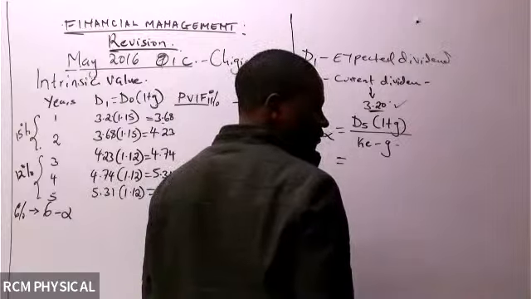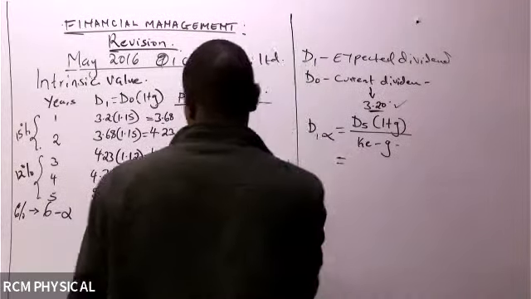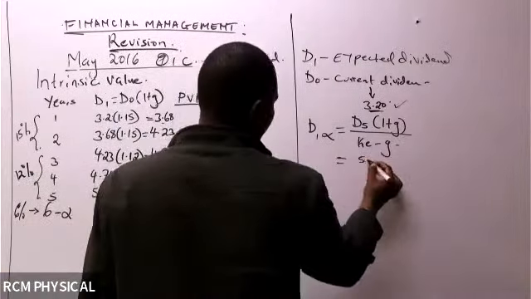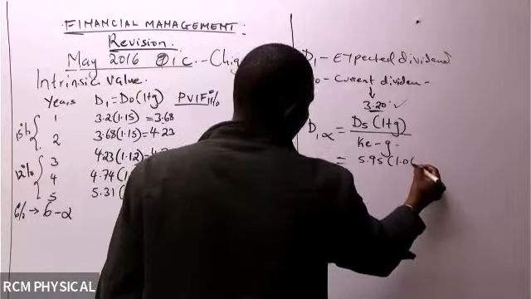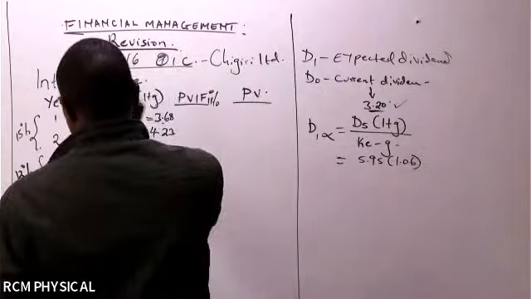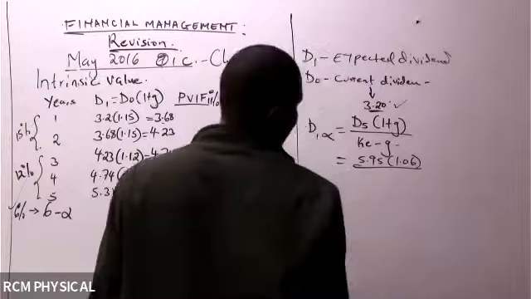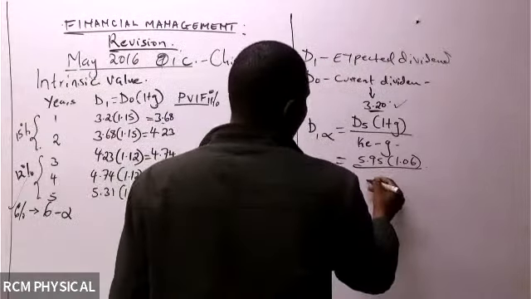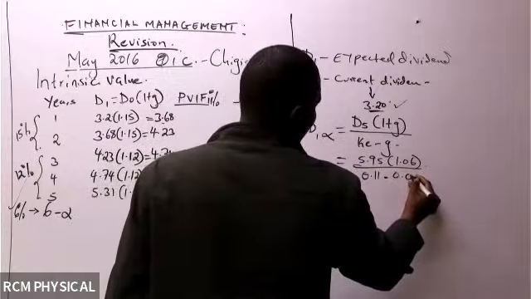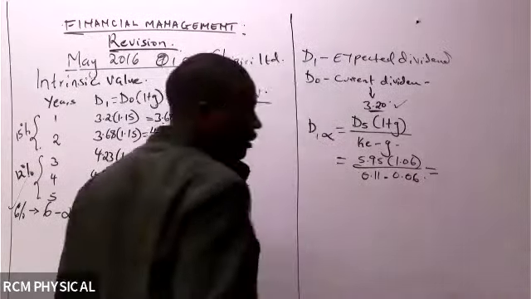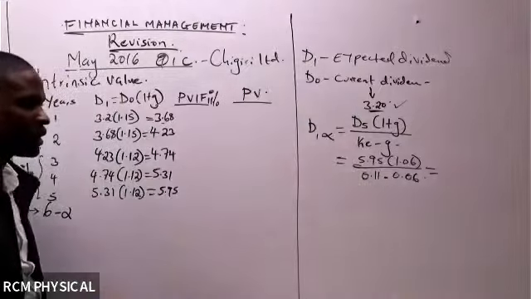So the previous year is this 5.95. This is where many people make mistakes. 1 plus G, where G is 6%. You see, the G at infinity is 6%. And then you divide by K, which is 11, minus 0.06. Who can give me the value there?